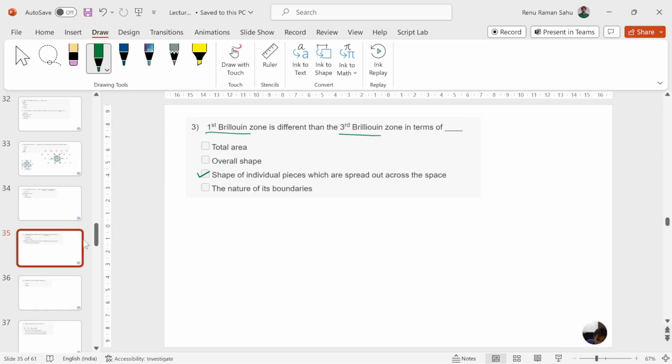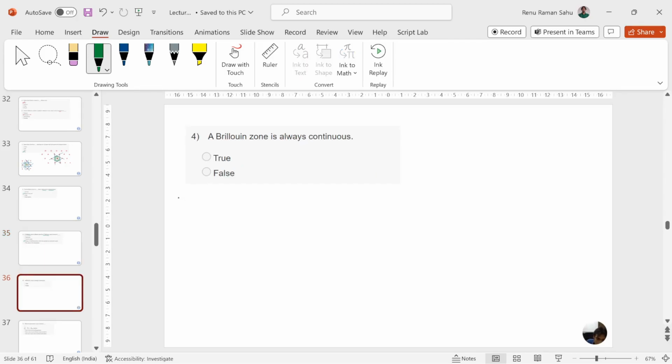I can understand this is a bit vague, what they mean by overall shape, but you have to go with this. I hope you understood the concept, irrespective of the clarity of this question. Got it, sir.